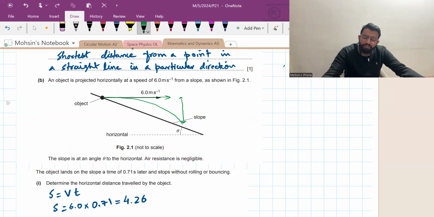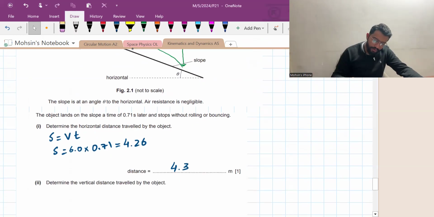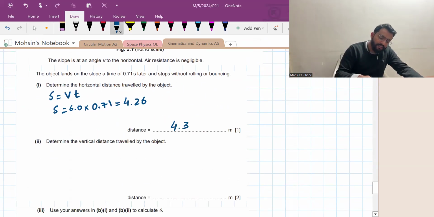It means that we can use equations of motion because no air means no other force than gravity. We can use equations of motion because gravity is constant here, 9.81. For constant acceleration, we have equations of motion. So for the vertical distance, we have to use equations of motion.